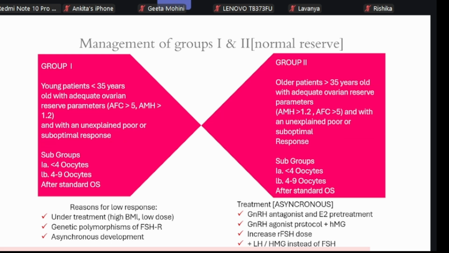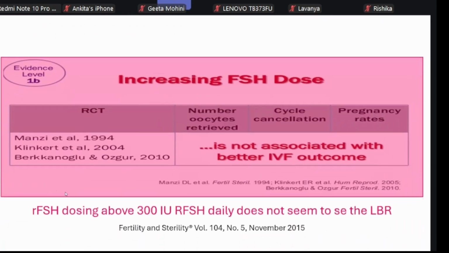So we can use that, and we can try increasing rFSH doses, and we can add HMG component also during stimulation for these group 2 patients. We can increase FSH doses, but increasing beyond 300 international units does not seem to benefit according to so many studies.